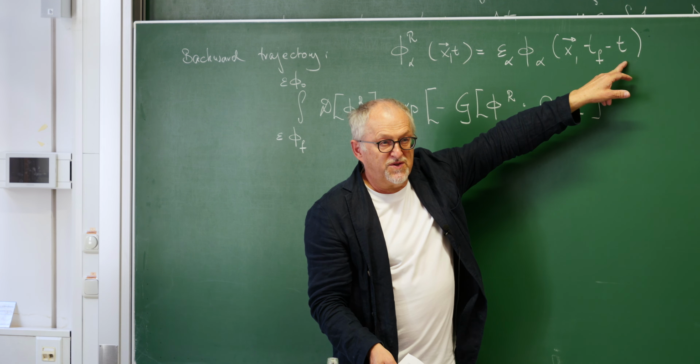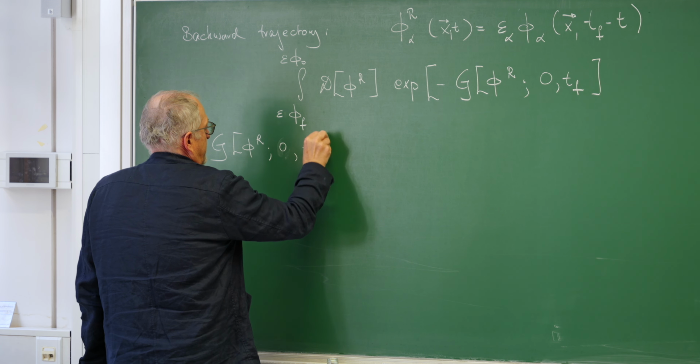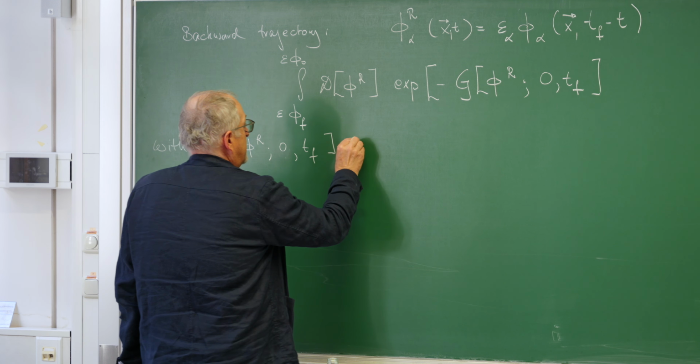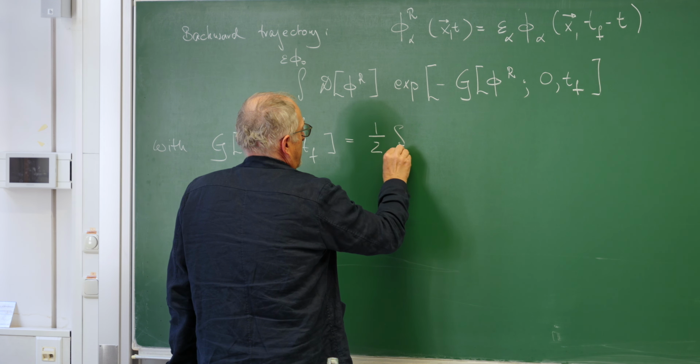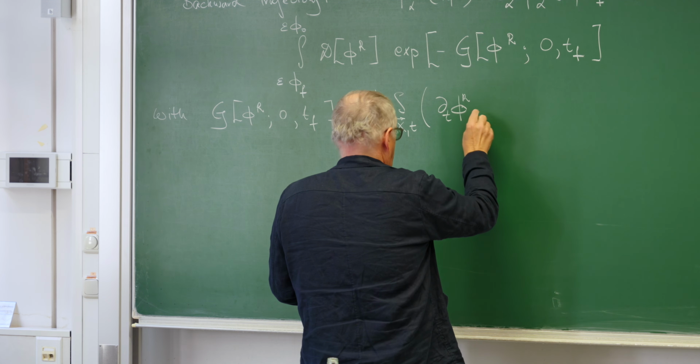Okay, now let me write this out with the corresponding Onsager-Machlup functional between the initial time point 0 and tf. This is now writing this out explicitly, a function of x and time, and the time running from 0 to tf. And then I need to write here the temporal derivative of the reversed fields, alpha, minus the functionals for the drift, also in dependence of the time reversed fields.